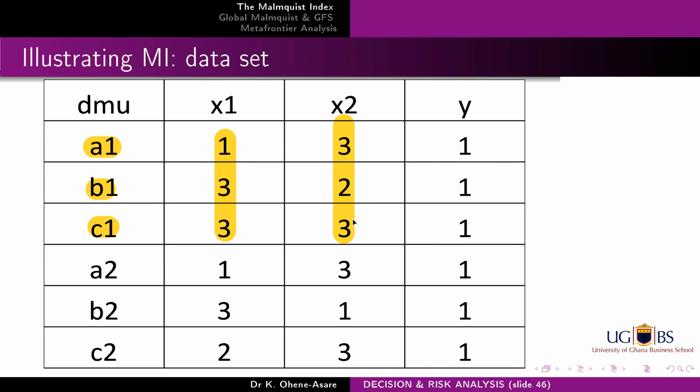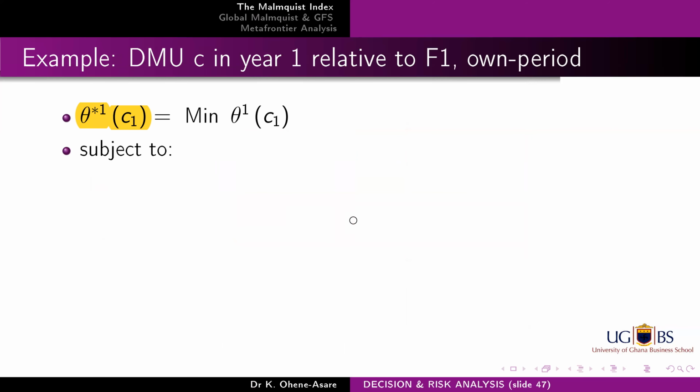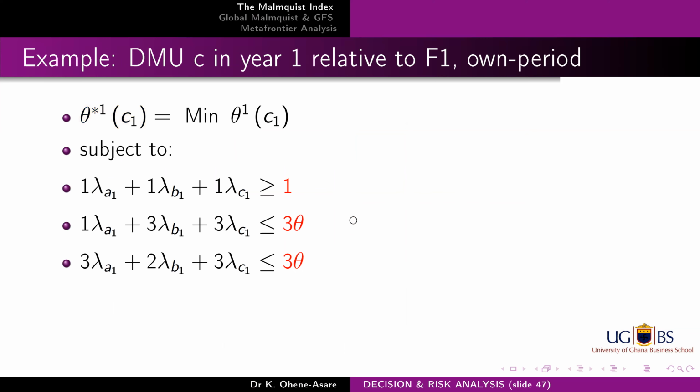And then you can now add your non-negativity constraint, and the VRS constraint if you are doing VRS, but in this case we are doing CRS. Okay. So that is how you do the formulation. You have to master how to do this formulation. It's very, very important to master how to do it.